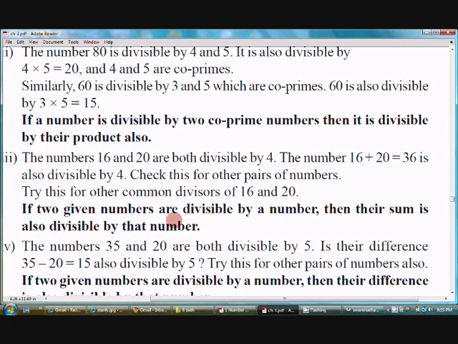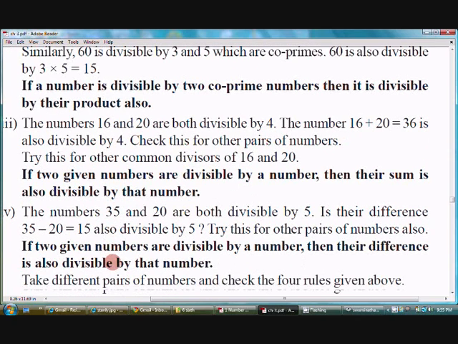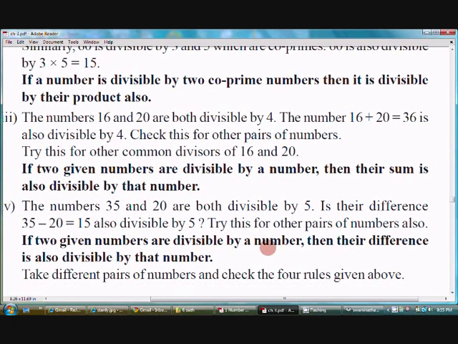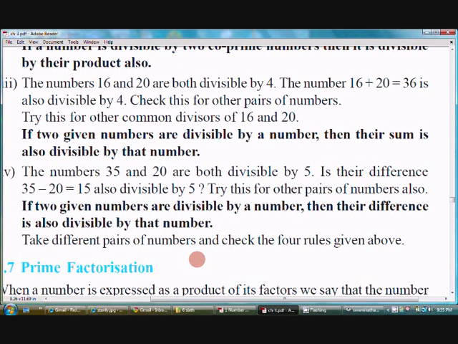Third one, if two numbers are divisible by a number, then their sum is also divisible by that number. 16, 20, and if you sum that up, it is also divisible by the number. Fourth one, if two given numbers are divisible by a number, then their difference is also divisible by that number. Okay, these are the 4 extra rules we should remember.